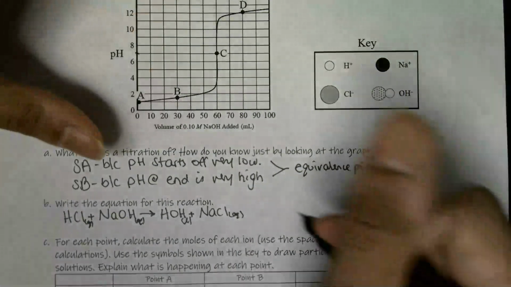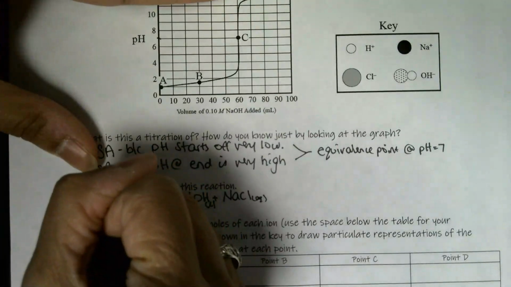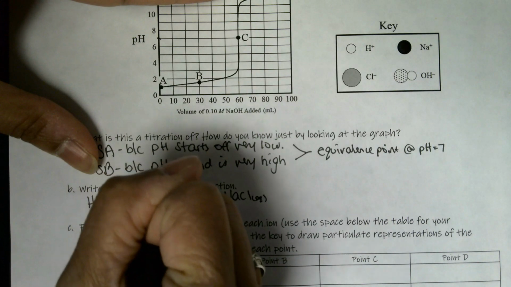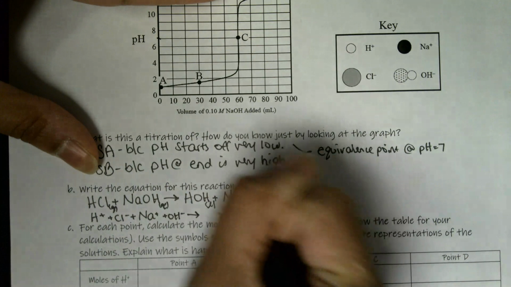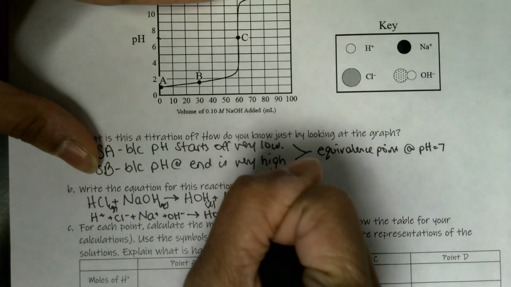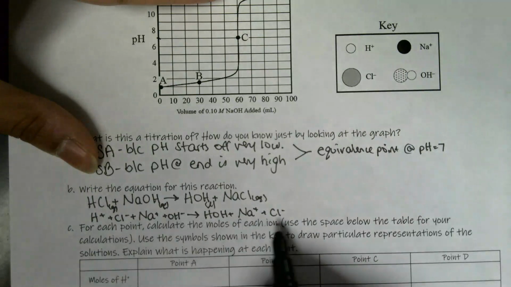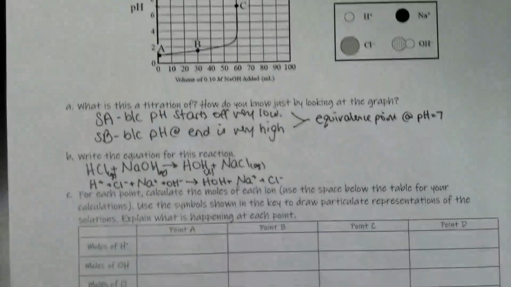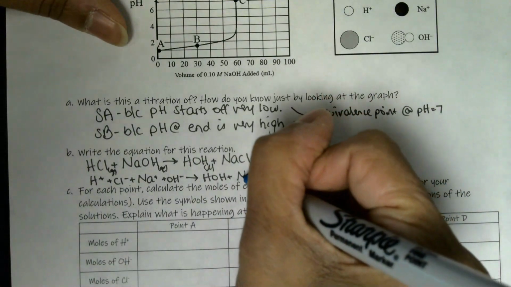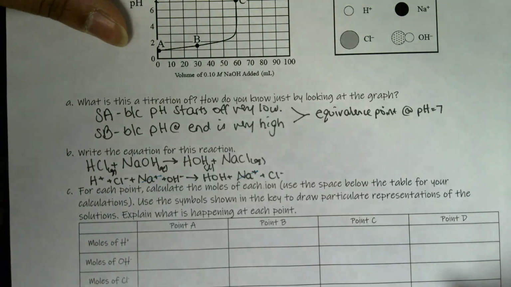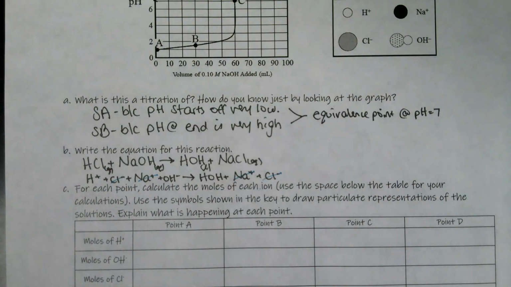If we take a look at the net ionic, let's break this down: H plus, Cl minus, plus Na plus, OH minus, produces water, HOH, and Na plus and Cl minus. Anything that's an ion in here is going to be aqueous. If we get rid of anything that is the same on both sides, the Na plus and the Cl minus, we've gotten rid of the spectator ions.